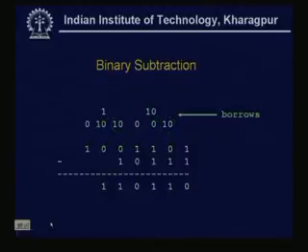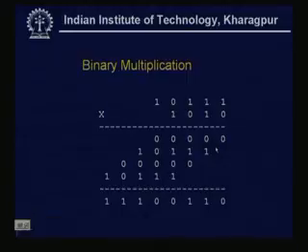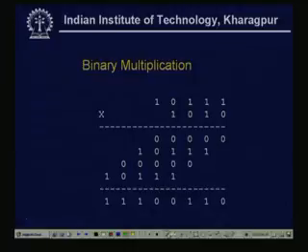Now, binary multiplication. Binary multiplication is the same as our decimal multiplication, only the multiplication rule is different. That means here again there are only two digits, 0 and 1.